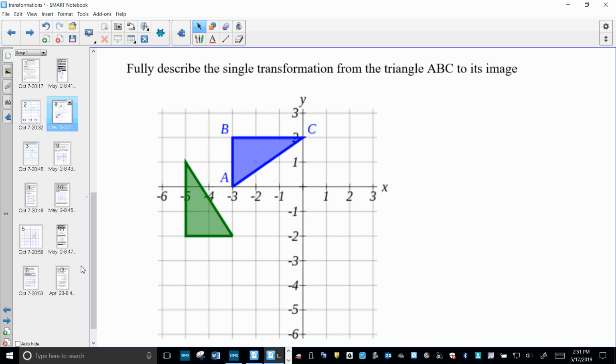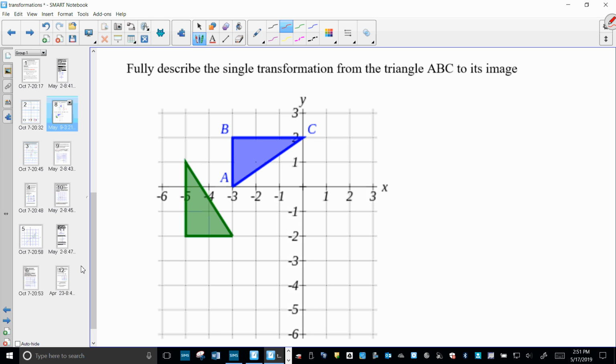So we've got to decide, has it been a translation? So has the shape just been picked up and moved? Has it been reflected? Has it been rotated? Good. Well, no, actually, this one has just been rotated.